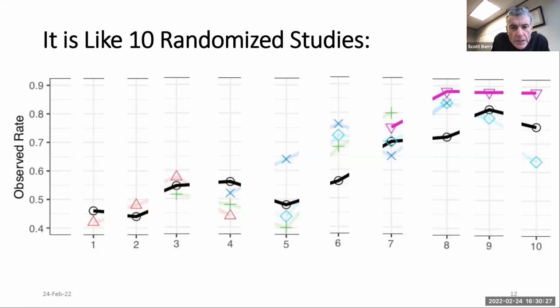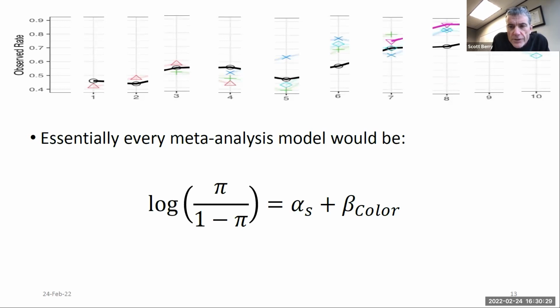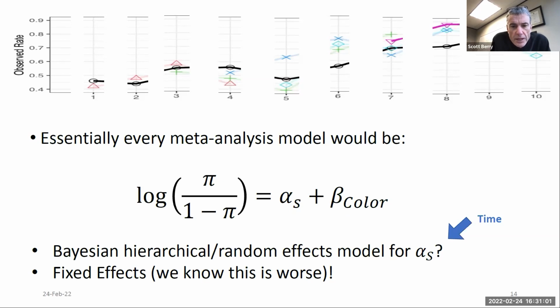So next slide. Very commonly, we would model this with a log odds model, where we model alpha as the study effect, which is really a time effect in the model. And then we have an effect for each treatment. I'll call it beta for each particular treatment in this setting. Very common model that we would use. The question is, how do we model the alpha? Marta described an example where you model these with fixed effects. If you click the next slide, I think it brings a bullet.